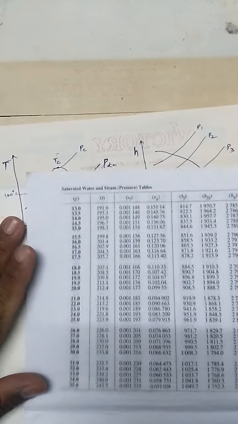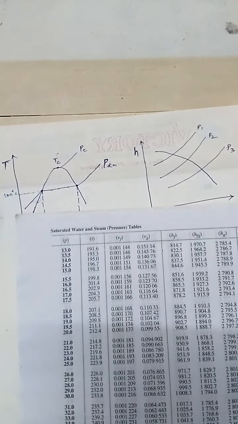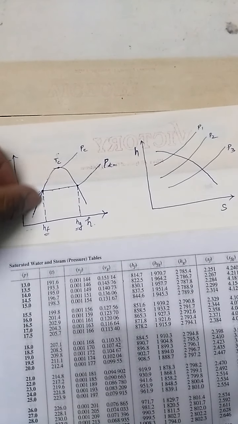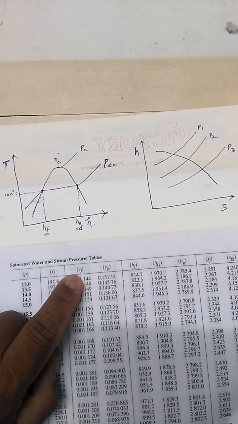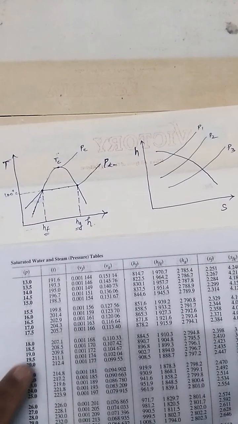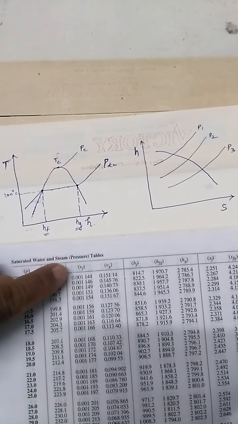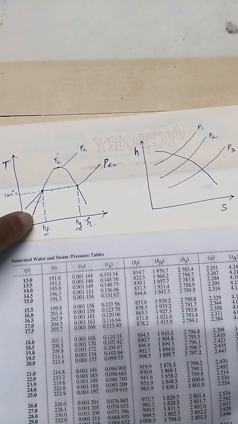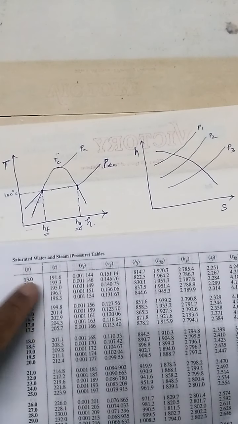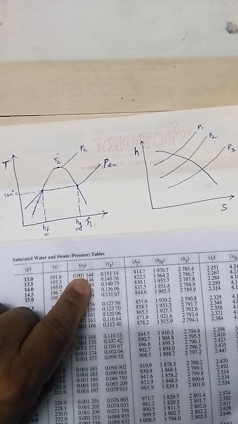This Vf is the specific volume at the F point. At any pressure we get the Vf here. Directly we can get the corresponding pressure and corresponding Vf.